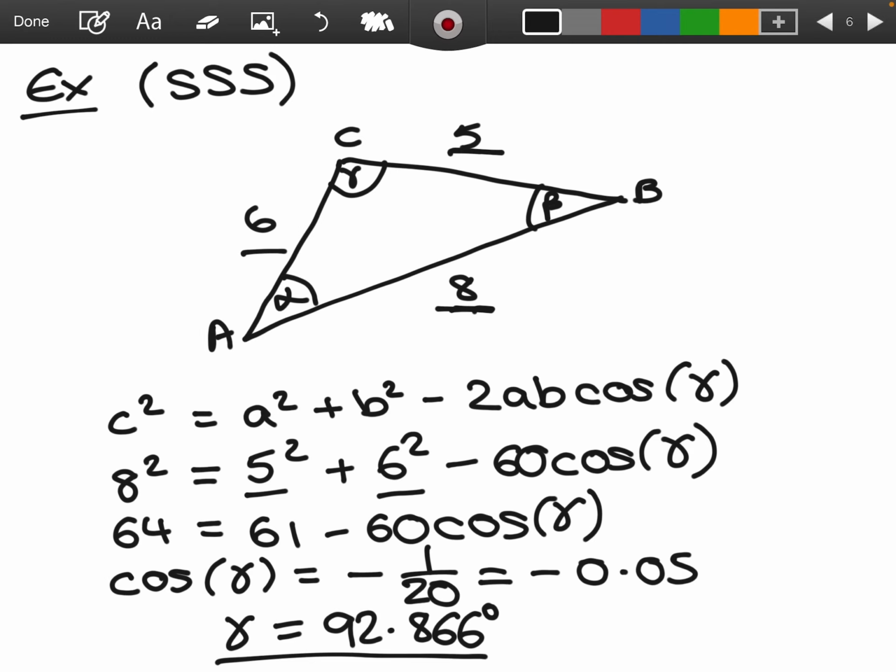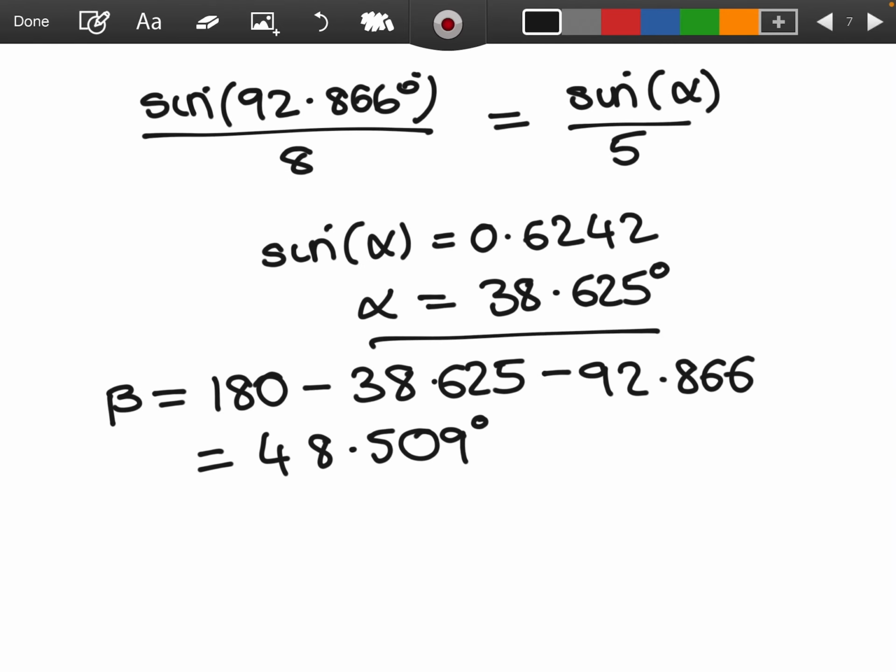Like I said, okay, you will have to check whether there is more than one possible triangle here. I knew from the angle that I solved for, because this was greater than 90 degrees, there was only one possible triangle, okay? Because I don't have any other angle that could be greater than 90 degrees here, okay? So I know that I'm not looking for a second possible angle when I find this alpha here, okay?